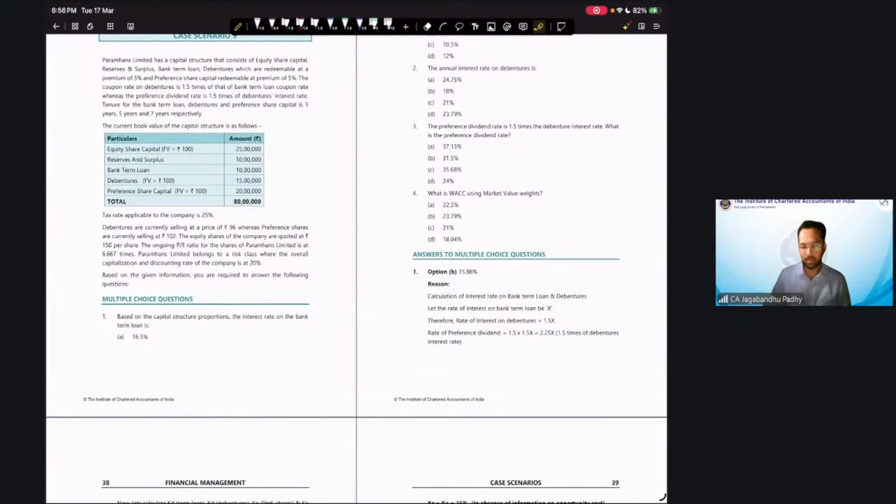Are we good, everyone, with this? Quite a mathematical problem or a case study over here. It wasn't much conceptual, but yeah, it's testing your mathematical or arithmetic abilities.